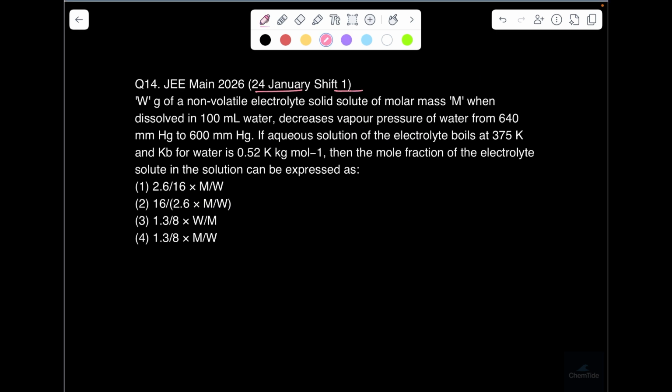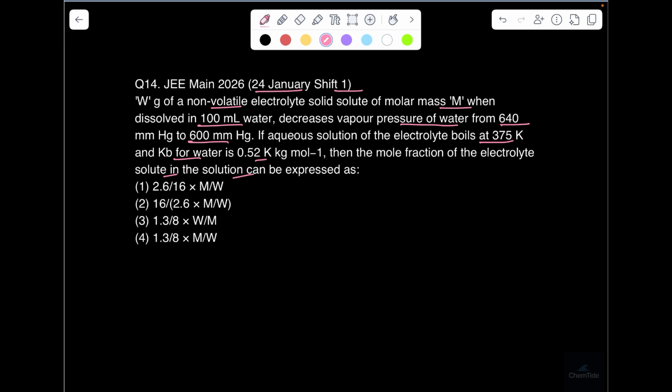24 January shift 1. W gram of non-electrolyte non-volatile solid, molar mass M, is dissolved in 100 ml water, and decreases the vapor pressure of water from 640 to 600 mm of mercury. If the aqueous solution of the electrolyte boils at 375 and Kb of water is this, then the mole fraction of the electrolyte solute in the solution can be?